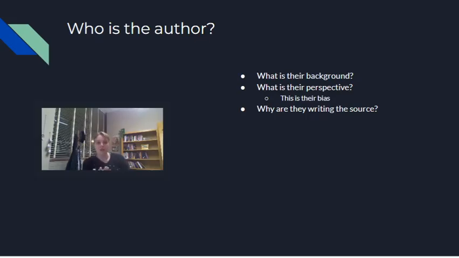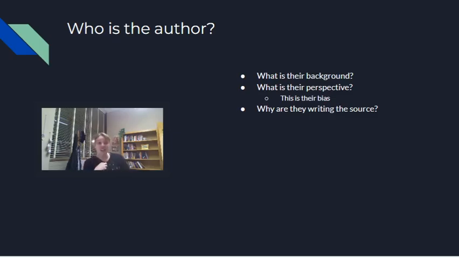The next thing we need to think about is, who is the author? What is their background? What is their perspective? And why are they writing this source? So when we create things, our backgrounds, who we are, influence that. This can be how we are raised. This can be our religious values, our political values.